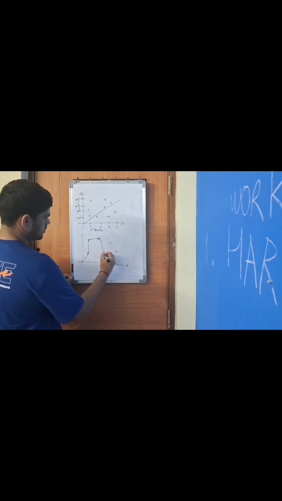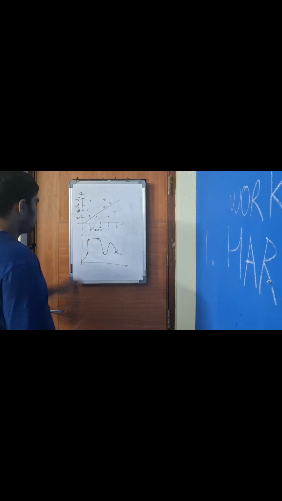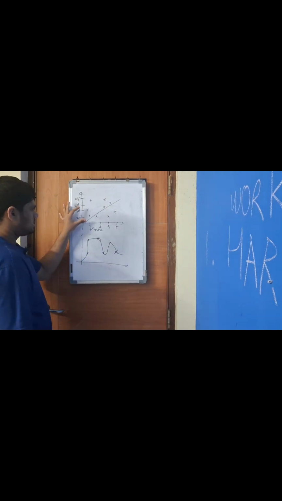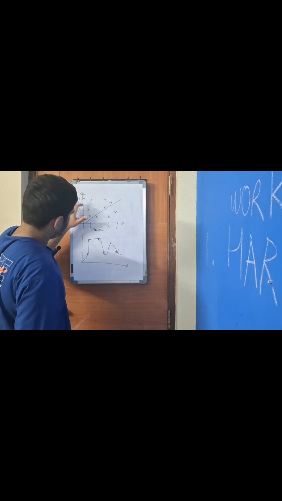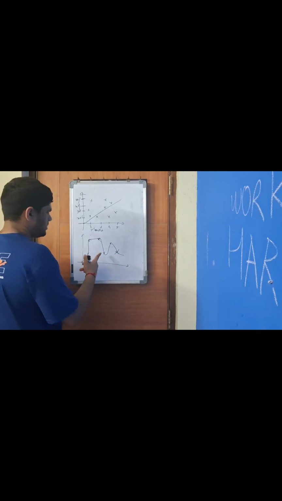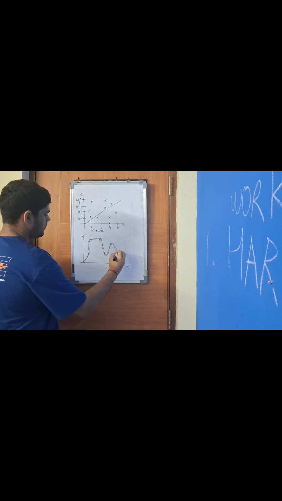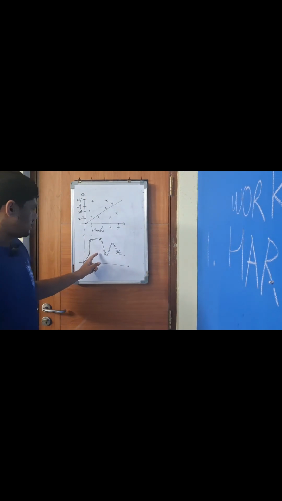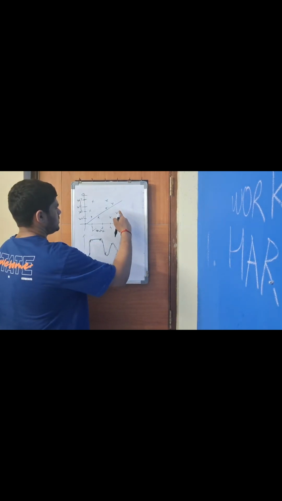These are the same training data points, and here it's just a linear regression model. You can say that it's not really fitting the training data set, but in this case it's perfectly going through it, right? So we can say that this one has low bias, and this one has high bias.